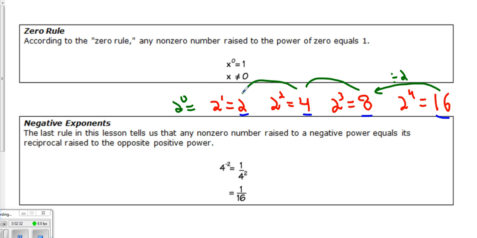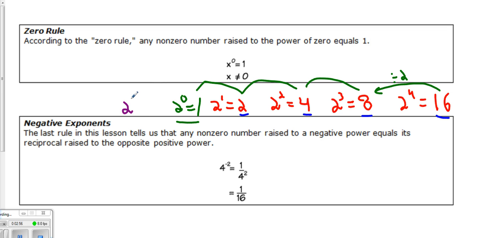So if we do another divide by 2, 2 divided by 2 is 1. So that's why anything to the 0th power has to be 1, because any number to these powers will follow this pattern. So anything to the 0th power equals 1, and this will help explain our next rule, the negative exponents.